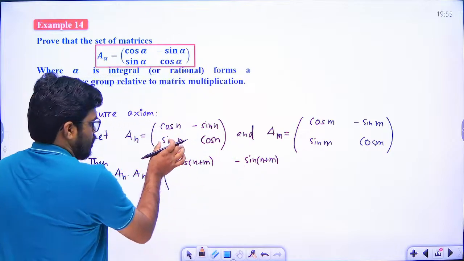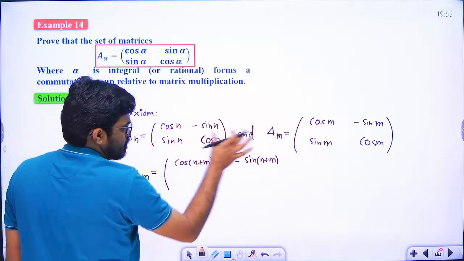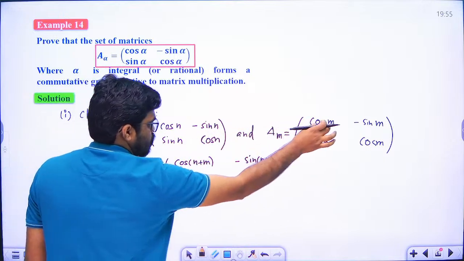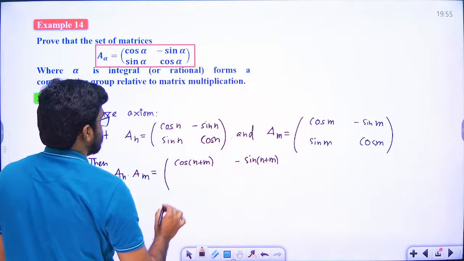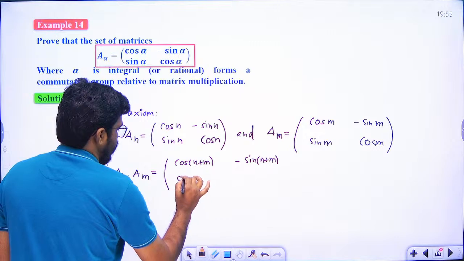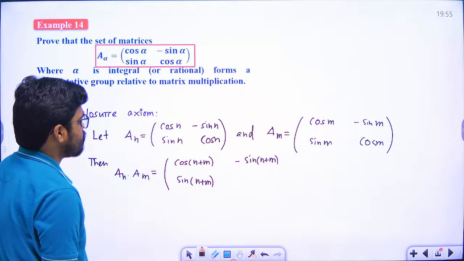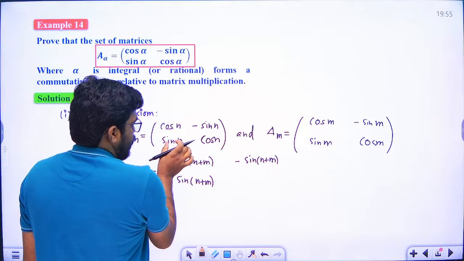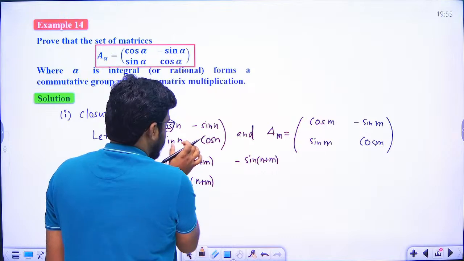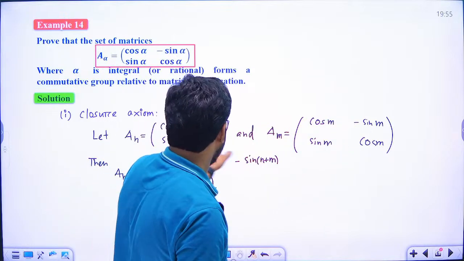Next, just multiply these two matrices. So what do you get? Sin n cos m plus cos n sin m. So this will be sin(n plus m), right? Next, sin n into minus sin m plus cos n cos m.